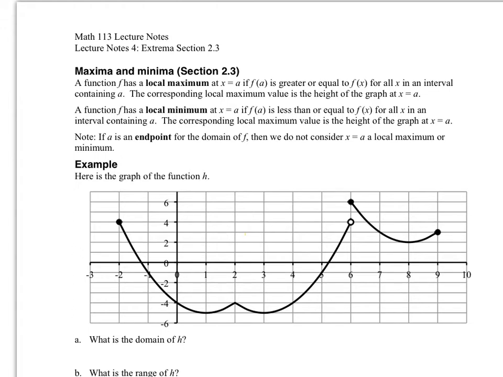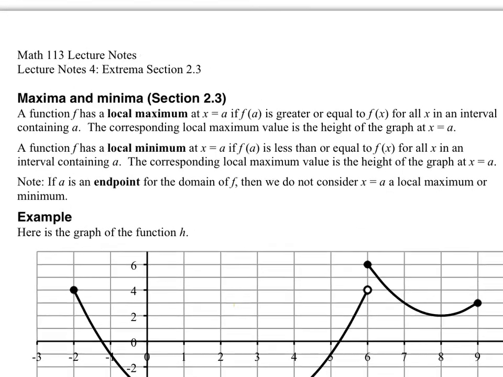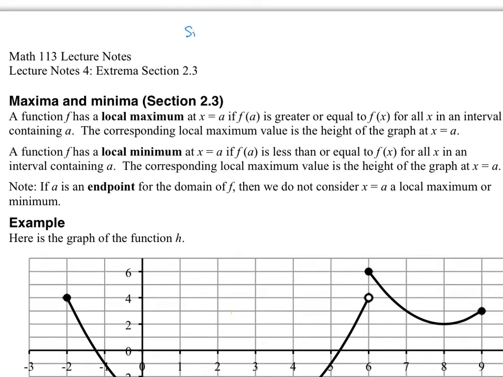So before we actually go to the definitions, let me give you a very simple example, kind of like a side note. Alright, so we have a function that looks like this.